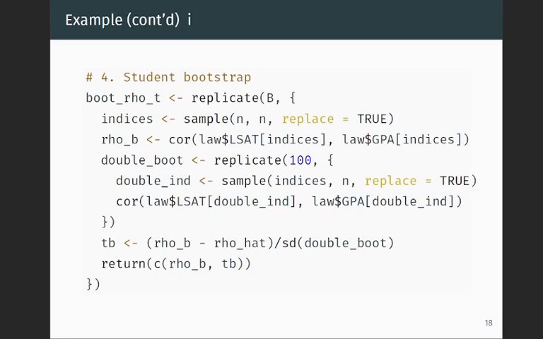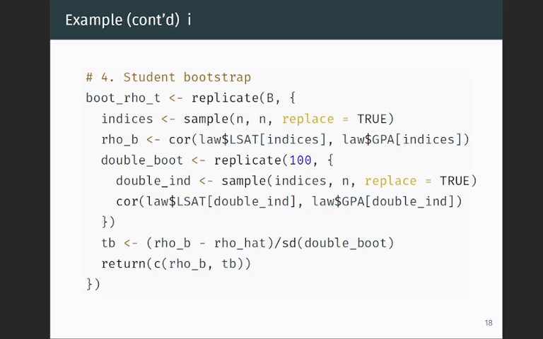Then we can compute row B as the correlation on that bootstrap sample. And so now the next step is to do a second level of bootstrap so that we can actually estimate the standard error for this particular row B.